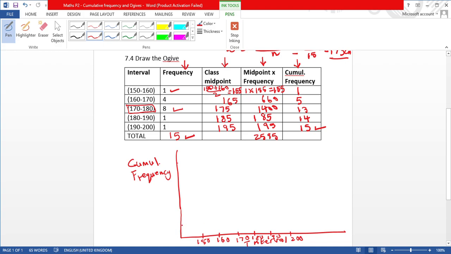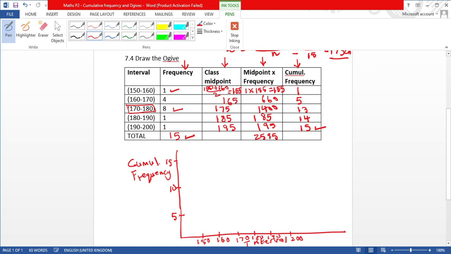Let's first work out the scale. Since your cumulative frequency last value is 15, let's work out the scale in 5, 10, 15. This should accommodate all the values of your cumulative frequency.